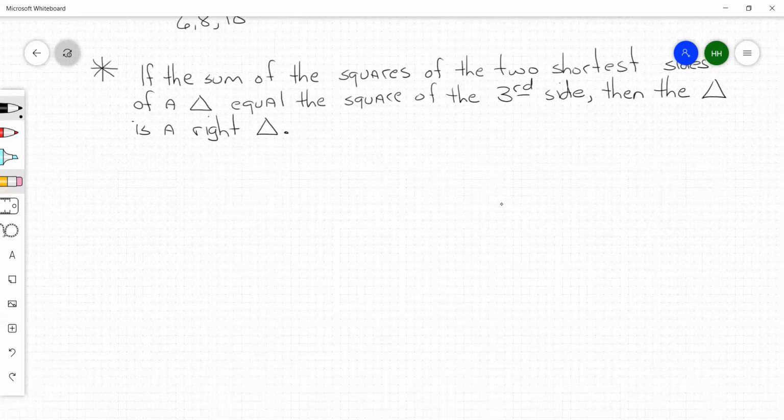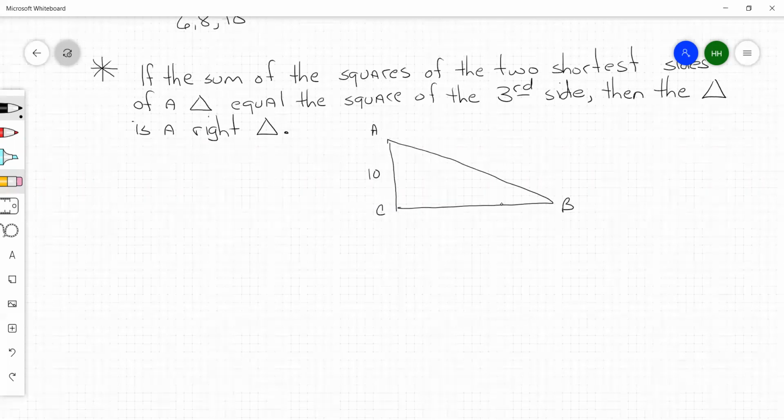So if you are given a triangle, let's say you got a triangle ABC and it's got some leg lengths, let's say it's got a 10, a 12, and a 23, and you're asked if it's a right triangle.